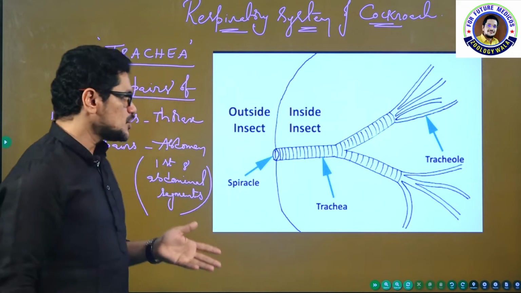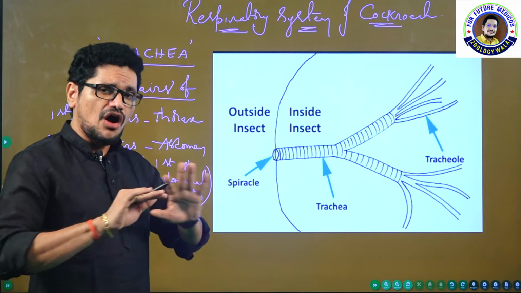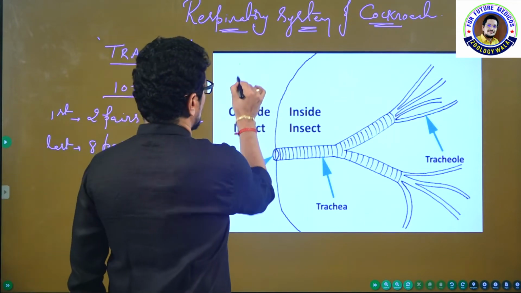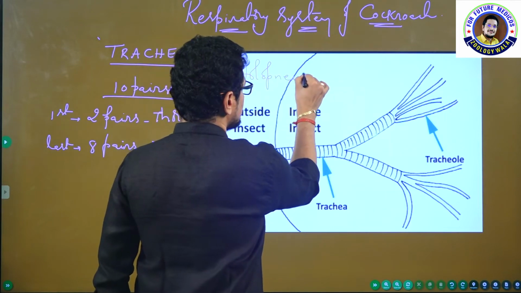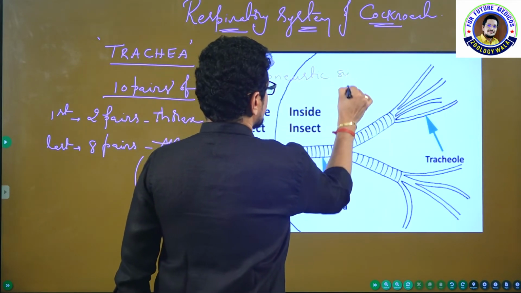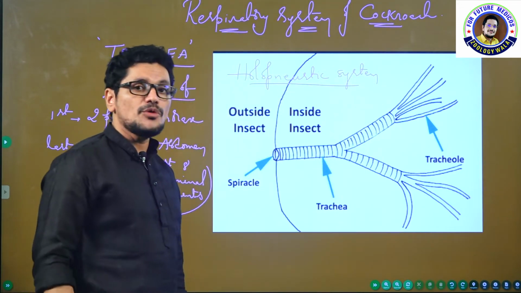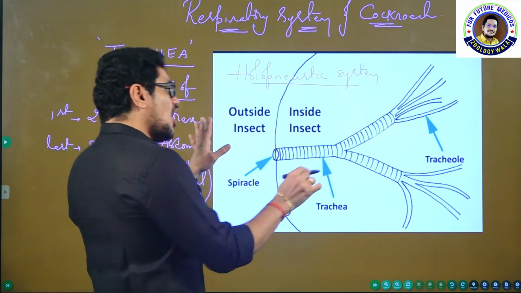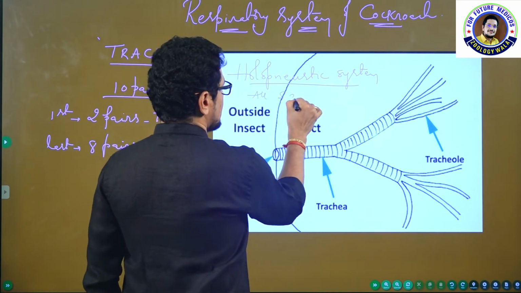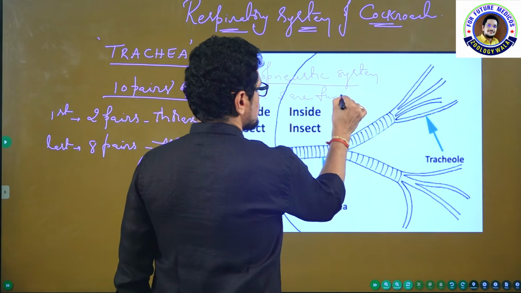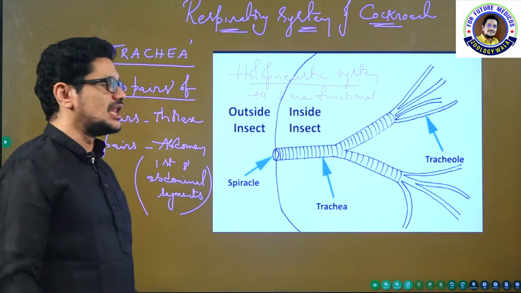Am I clear? So, all spiracles are functional. That is the reason why it is called holopneustic system. Holopneustic. It is not that much important, but better to just study. Holopneustic system means all spiracles are functional in cockroach.